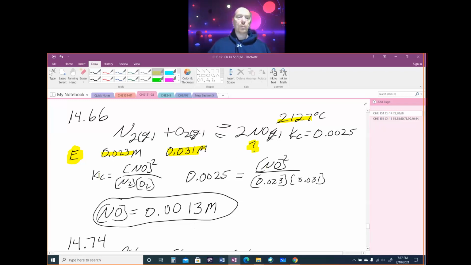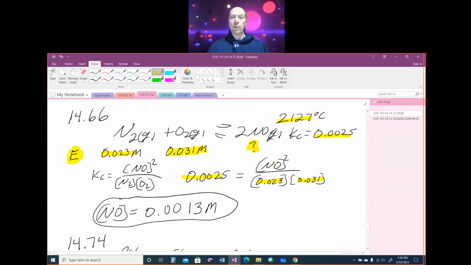So you put up your expression, Kc, products, NO, quantity squared, over N2 concentration times O2 concentration, and you know three of these four things. You know that the Kc is 0.0025, given to you in the problem. You also know that your concentration of N2 is 0.023. You also know your concentration at equilibrium of oxygen is 0.031.